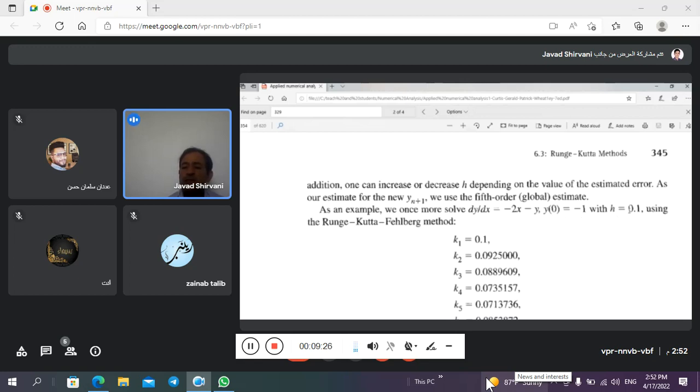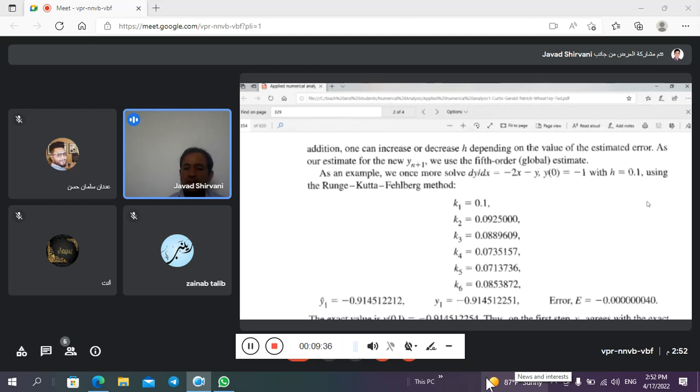The step here we used is 0.1, using the Runge-Kutta-Fehlberg method. We get these values for y in the next step.